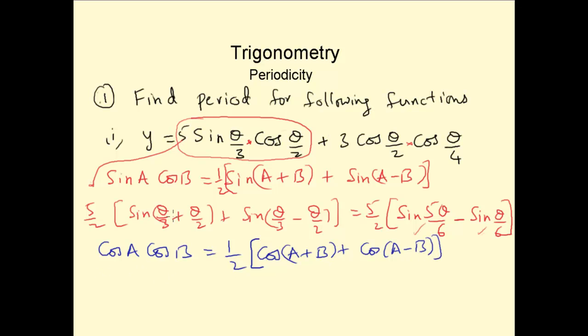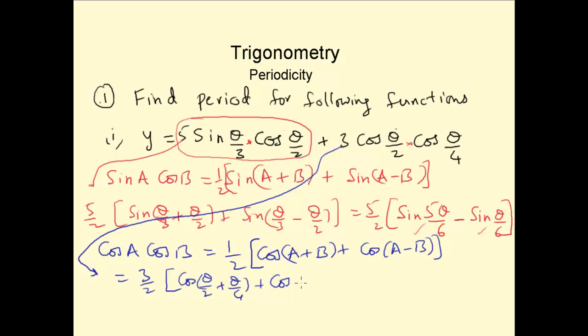So this function would be 3 times half, which is 3 by 2, cos(A plus B), which would be cos(theta/2 plus theta/4), because this is A and this is B, plus cos(A minus B), cos(theta/2 minus theta/4).